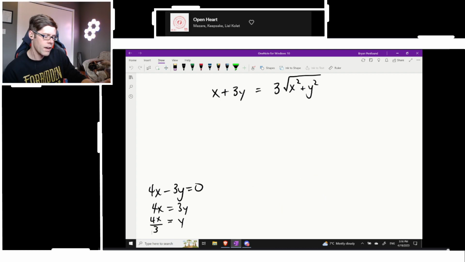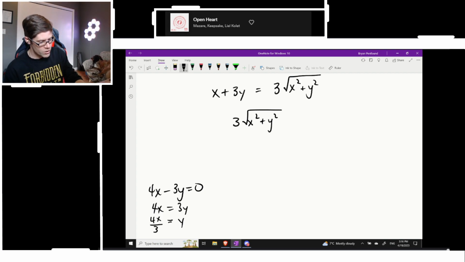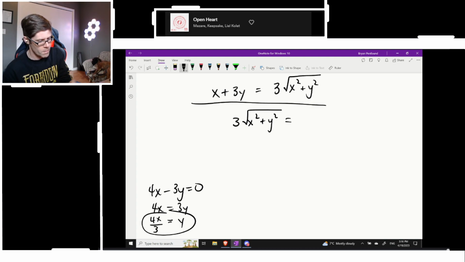So let's go back, and we know that this is the red path. 3 of these. If it's true that x and y share this relationship, what would that give us? That would give us 3x squared plus, we need y squared, so 16x squared over 9.